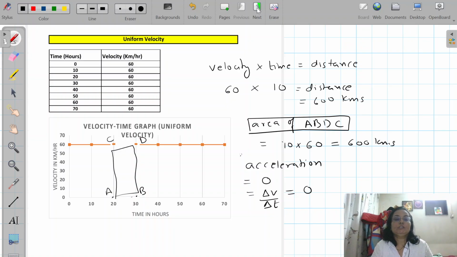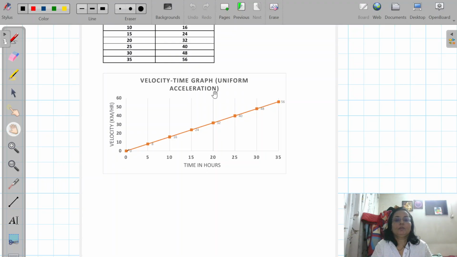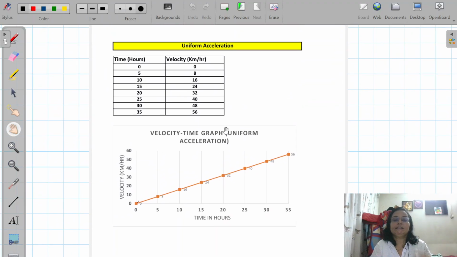Now what if the body is not moving with uniform velocity but with a changing velocity? So here we have this example of uniform acceleration. When the velocity of an object increases with respect to time, we say that the object is moving with uniform acceleration.